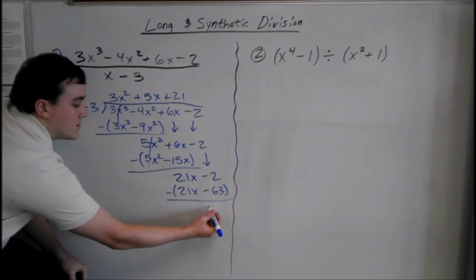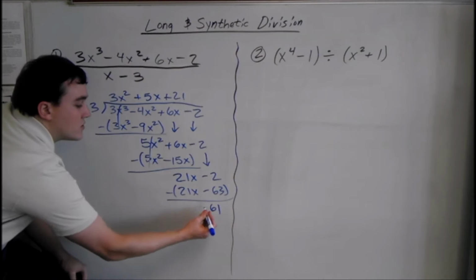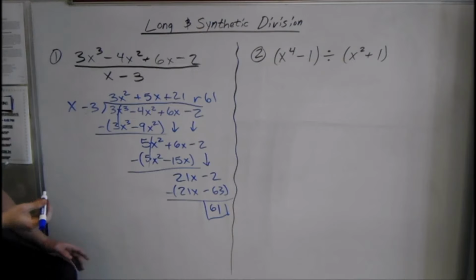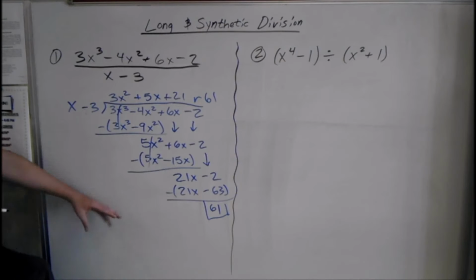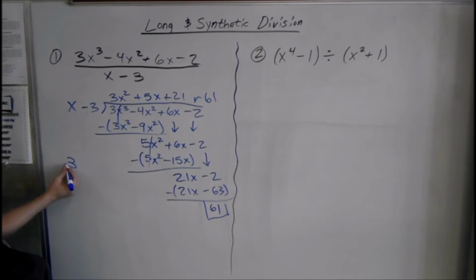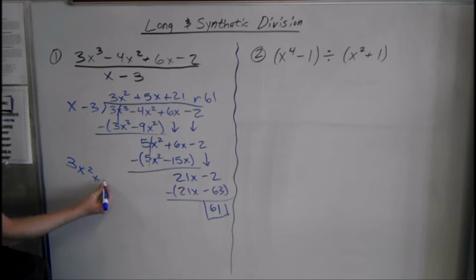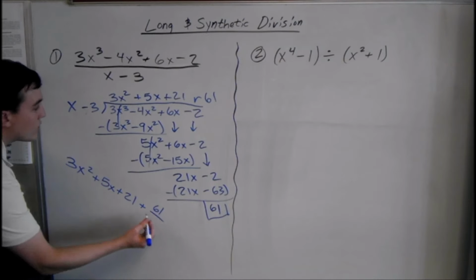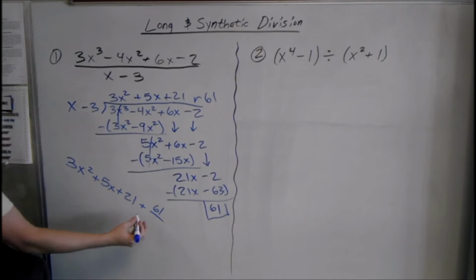Negative 2 plus 63 is 61. So 61 is our remainder. So R, 61. But the proper way of writing that, we'll write the answer right here. We have 3x squared plus 5x plus 21 plus 61 over what you're dividing by, x minus 3.